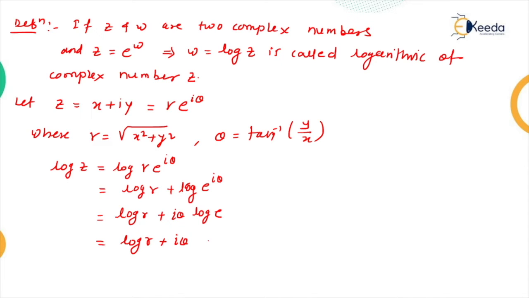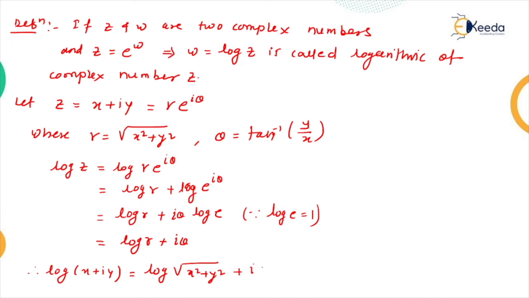Since log of e is equal to 1, therefore log of z, that is x plus iy, is equal to log of r, which is the square root of x square plus y square, plus i into theta, which is tan inverse of y divided by x.